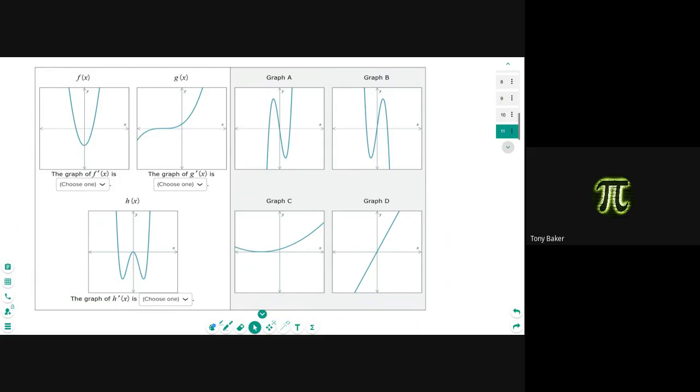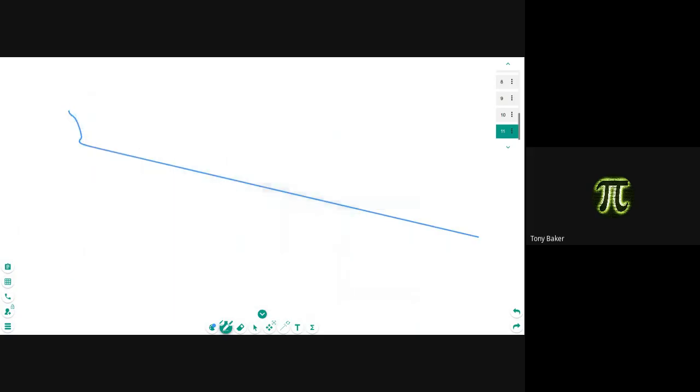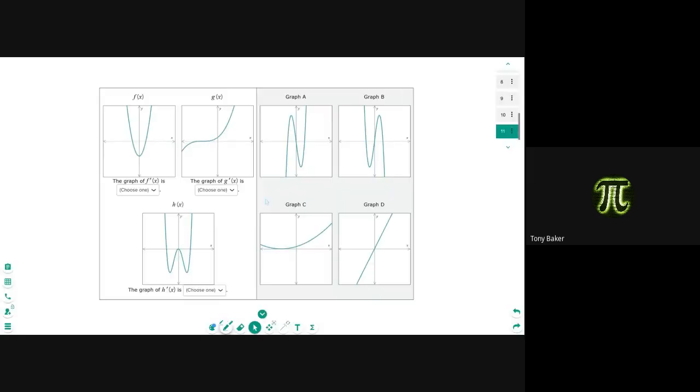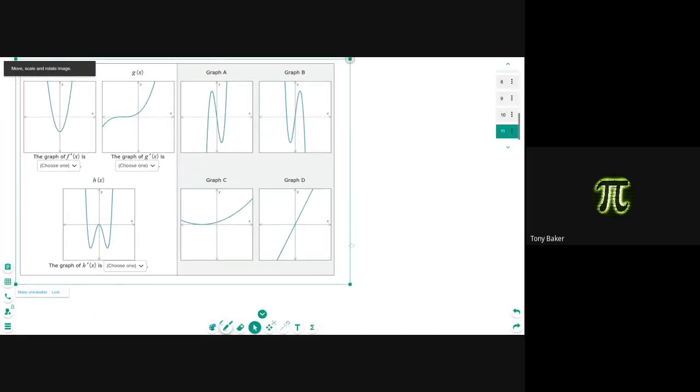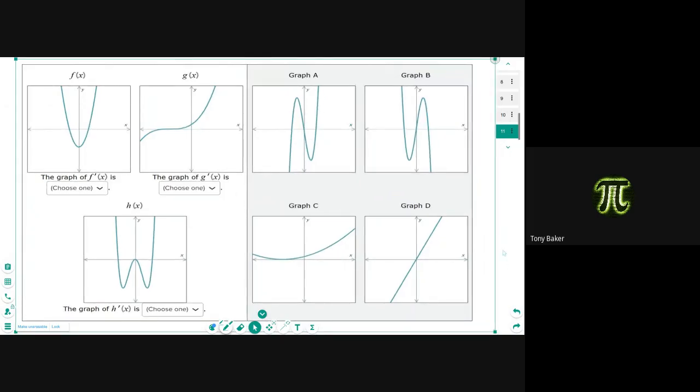So from here to here, it's getting closer and closer. It's negative, but it's getting closer to 0.